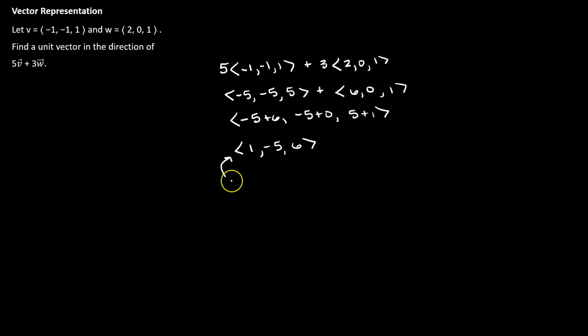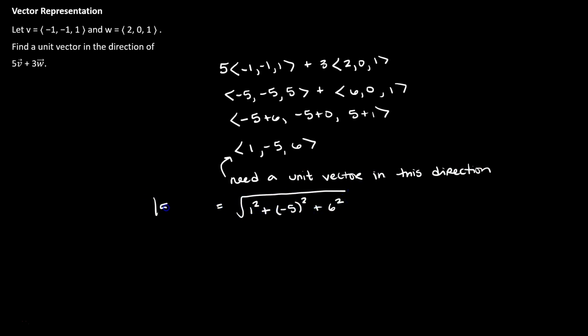We need a unit vector in this direction. So we'll find the magnitude of that vector. And that comes out to be the square root of 62.